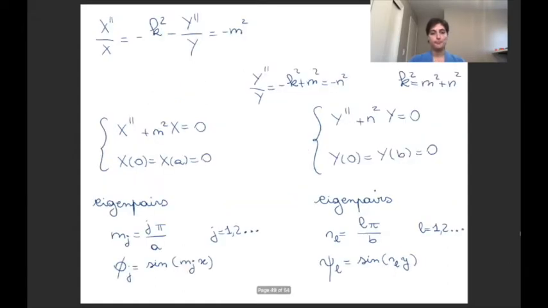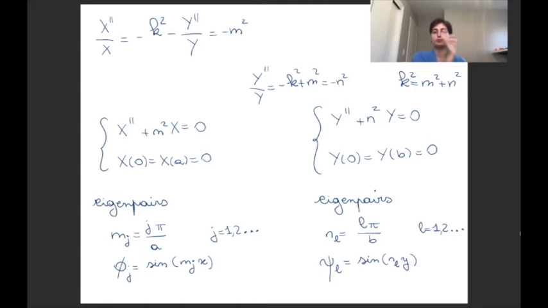So now we have X''/X equal to minus m squared, and Y''/Y, shuffling things around, is equal to minus k squared plus m squared. And we're going to set this equal to minus n squared. And this works because we can rewrite k squared as m squared plus n squared.